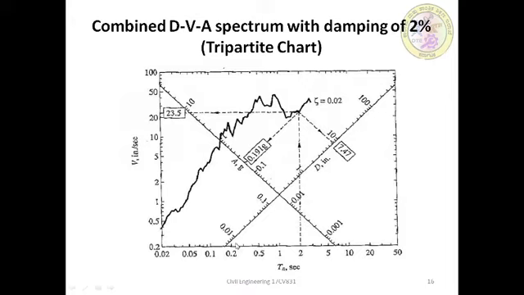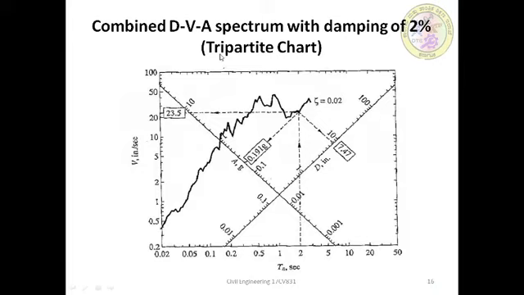And the property of the tripartite is that initially it is very active in acceleration; even in a small time period the acceleration is more. As time goes on, acceleration is reducing, whereas displacement is initially less, but as the time period increases, displacement increases.